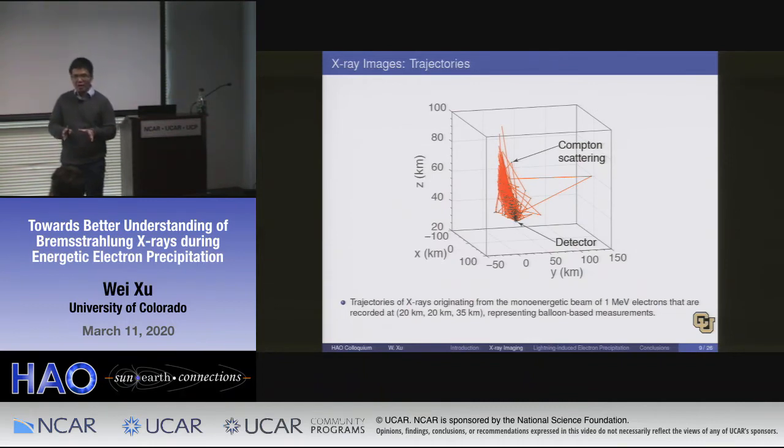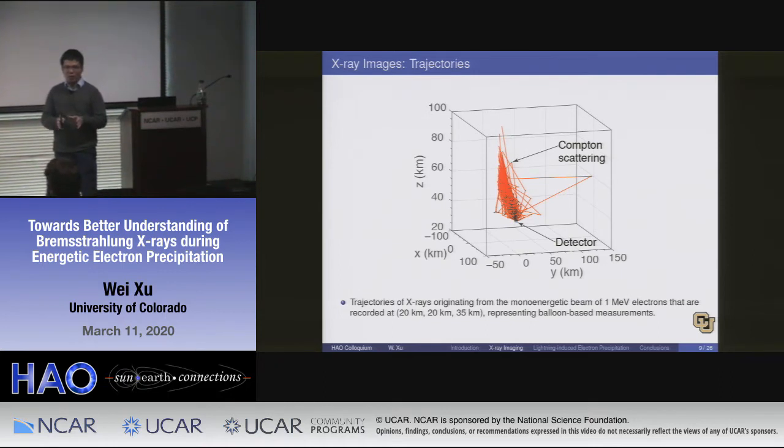We mainly investigate X-ray images and energy spectra. To calculate X-ray images, we need to make use of the trajectory of those X-rays before being detected. As shown in this figure, each point here represents a scattering by air molecules. We even see this kind of crazy photon, which first goes horizontally for several tens of kilometers, and is then scattered back to the source region.